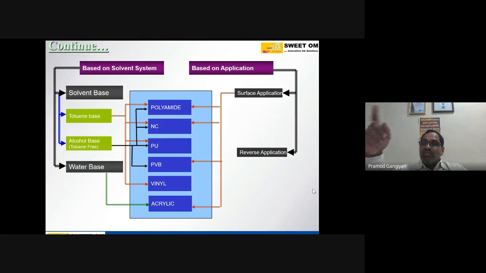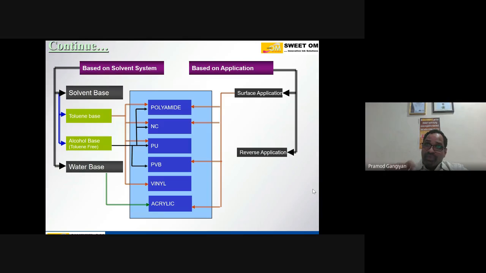There is another dimension, we call it reverse coating. When this coating is applied on a surface and it is reverted. Reverted means, I will explain: if you apply paint on glass, like a glass door inside your house, you apply paint on the door from one side. If you see it from where it is printed, it is the surface side.